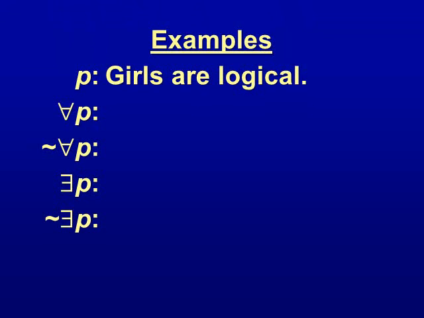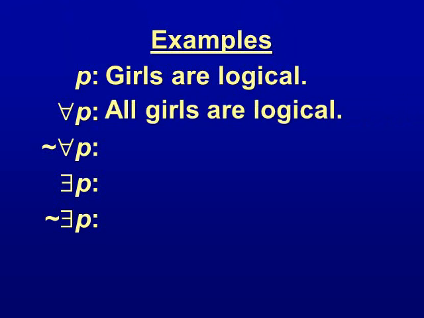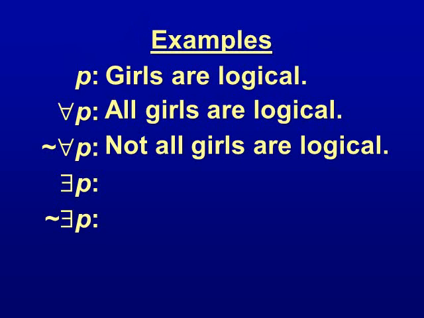So, if P is girls are logical, then the universal quantifier for girls are logical would be all girls are logical. Now, if I'm going to negate that statement, so I'm negating the universal quantifier, I'm going to say not all girls are logical.